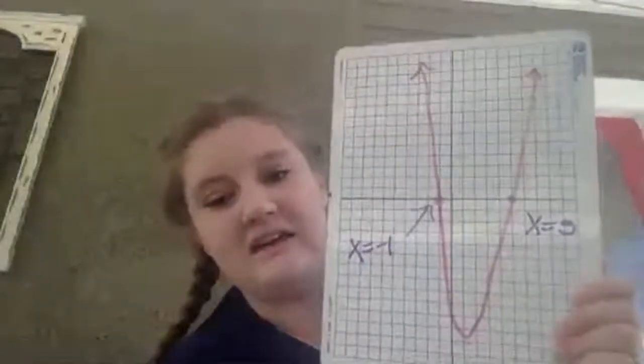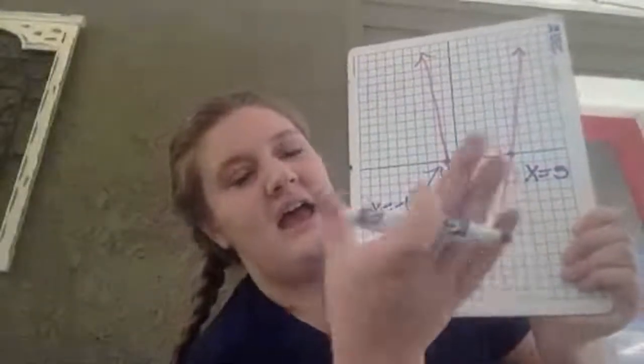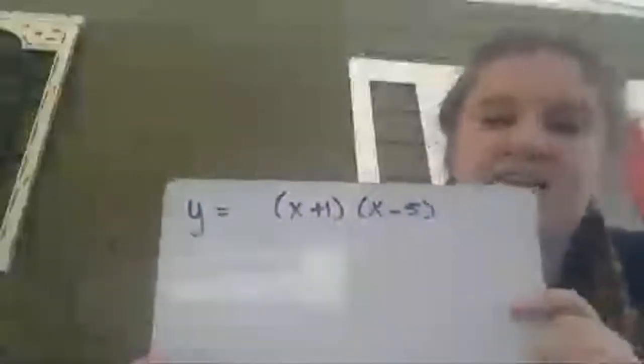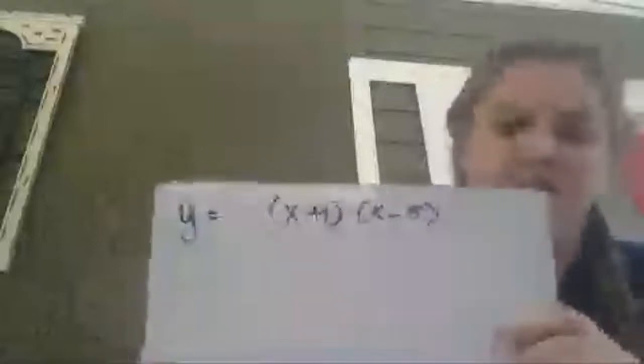You can then take that and put it into factored form, going from our zeros to our factored form. And then the last thing we have to do is look at our scale factor.